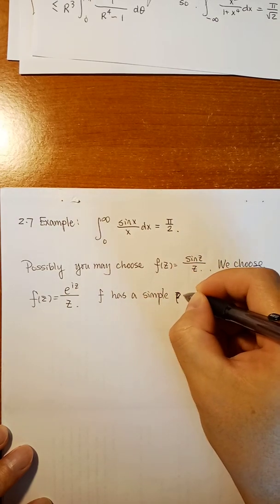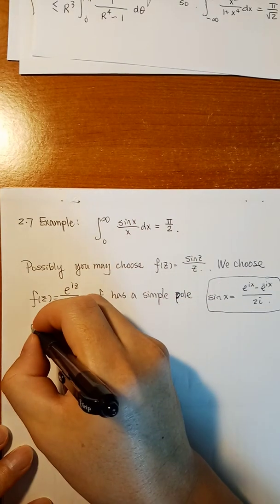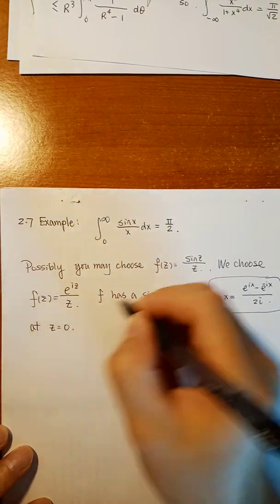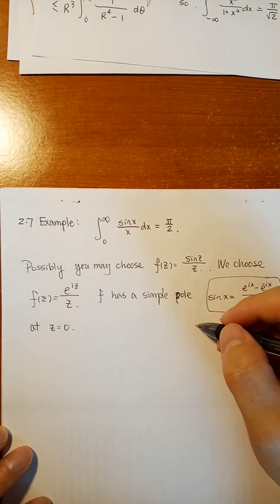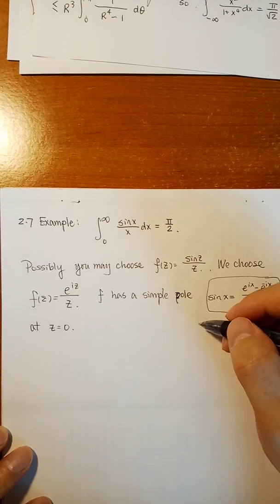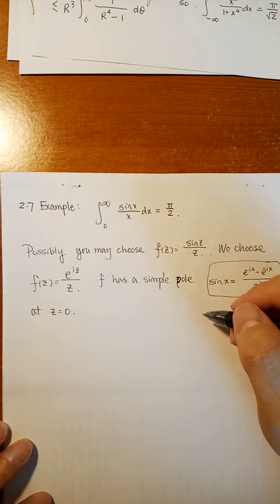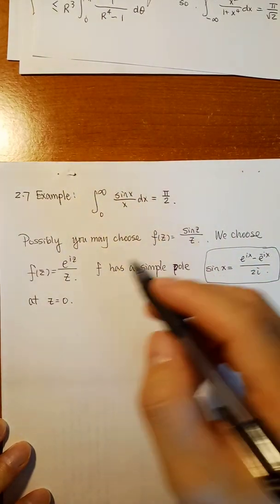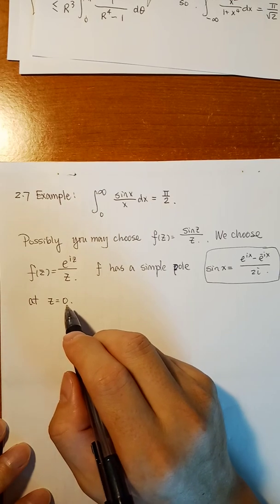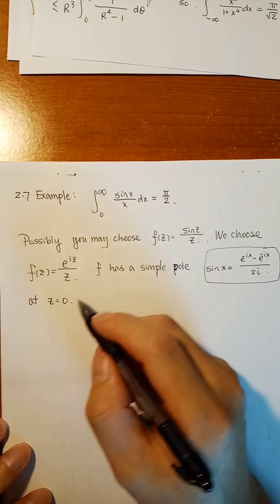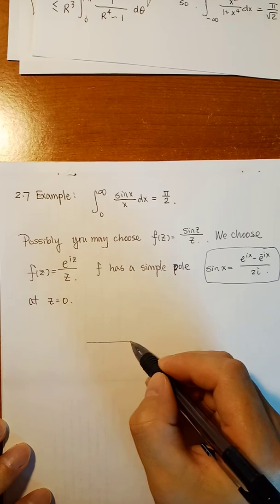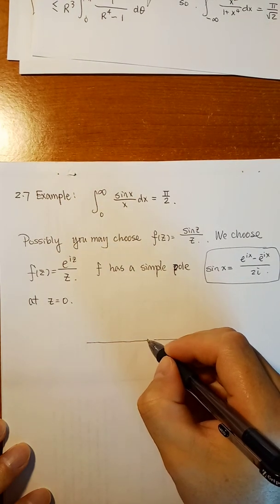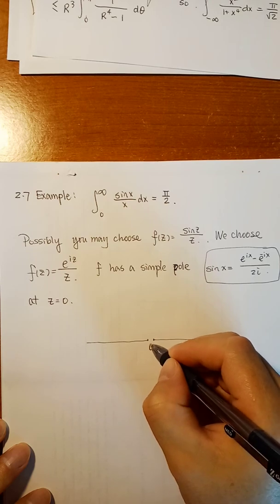at z equal to 0. Okay, and then we construct a closed rectifiable curve, and it has a simple pole. This time we try to avoid this pole. So you have 0 here.